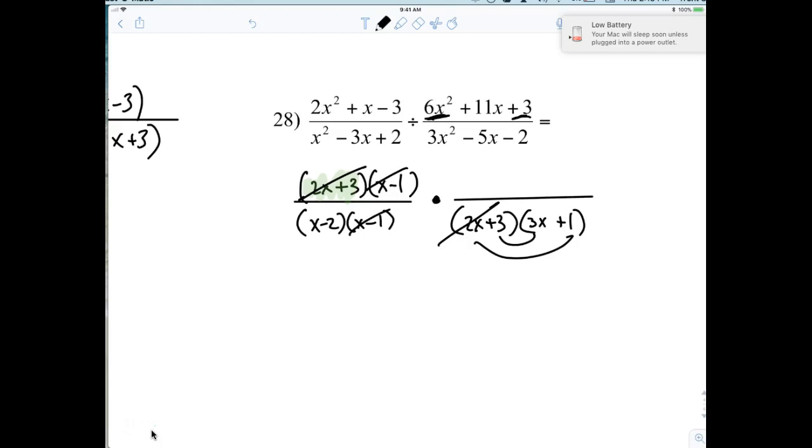So on top, it's probably a 3x plus 1, but I'm not sure. And then it's going to be x minus 2. Does that work? Yes, that does work, right? So does everything cancel again? Yeah. So that equals a 1. Does everybody agree that's a 1?